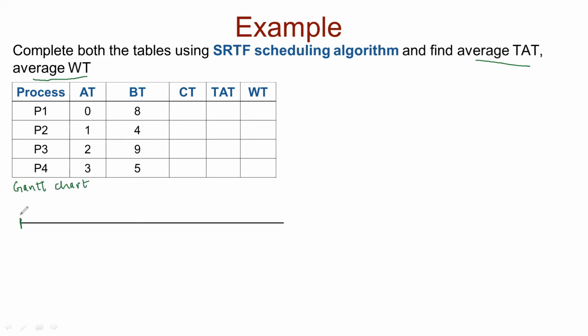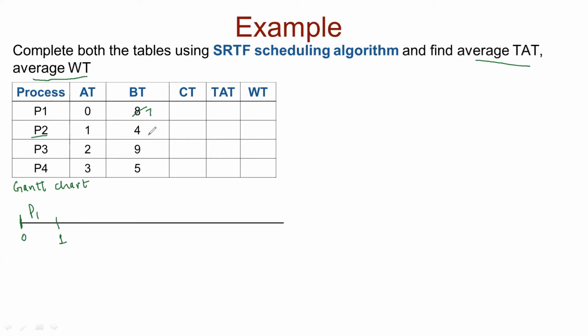We'll start with time 0. At time 0, process P1 came in the system. Since there is no other process at time 0, P1 is scheduled by the scheduler. P1 will execute. At time 1, the remaining burst time of P1 is now 7 and P2 has also arrived in the system.